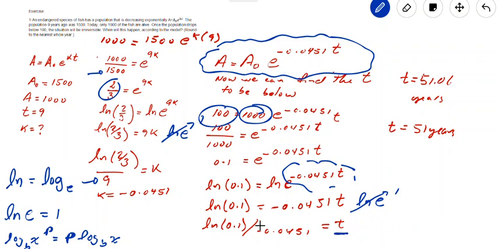A negative time doesn't make sense. When you evaluate this operation in your calculator, it equals 51.06 years. They say round to the nearest whole number, so you round to 51 years, and that is the correct answer.